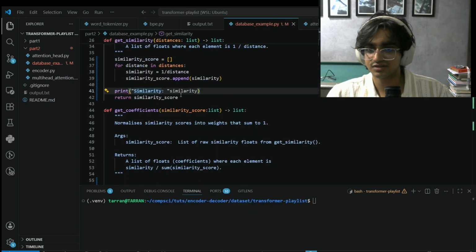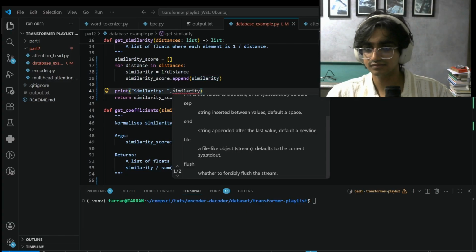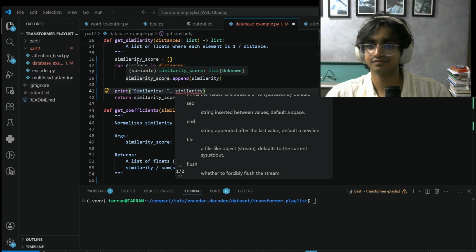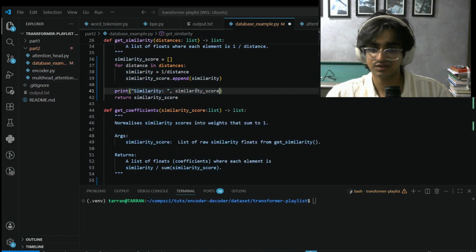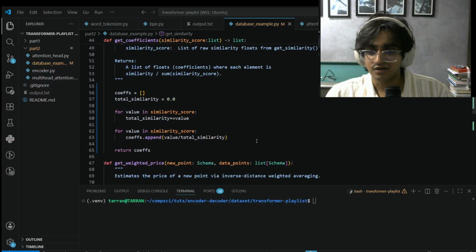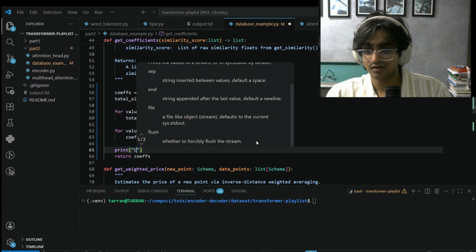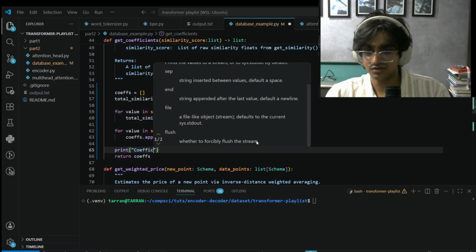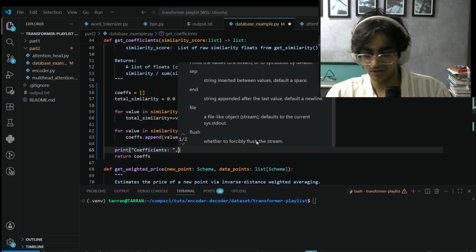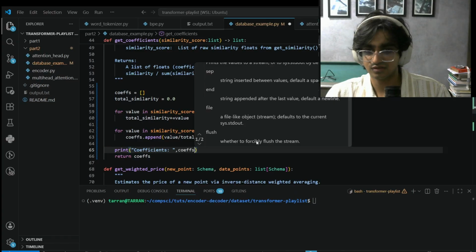It's going to be similarity score, sorry. And for our coefficients, we're going to just print them out again. So we're going to print coefficients.